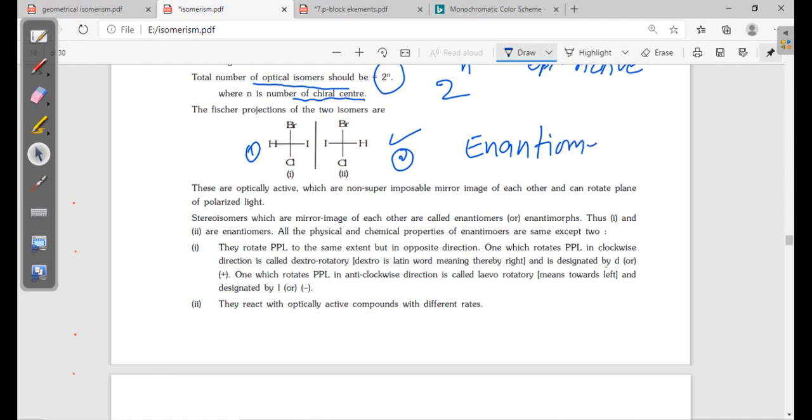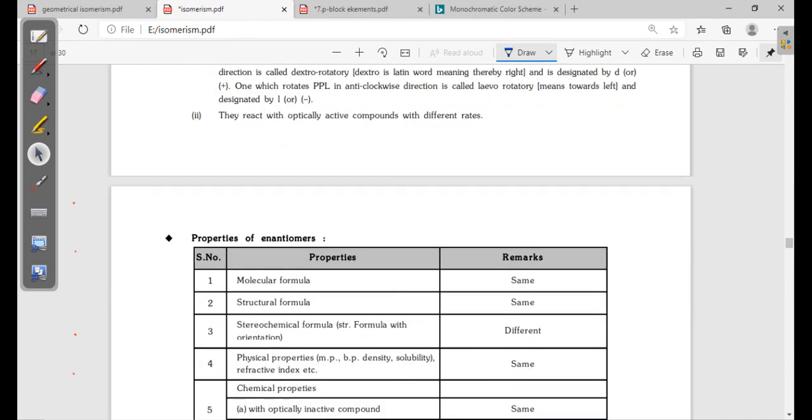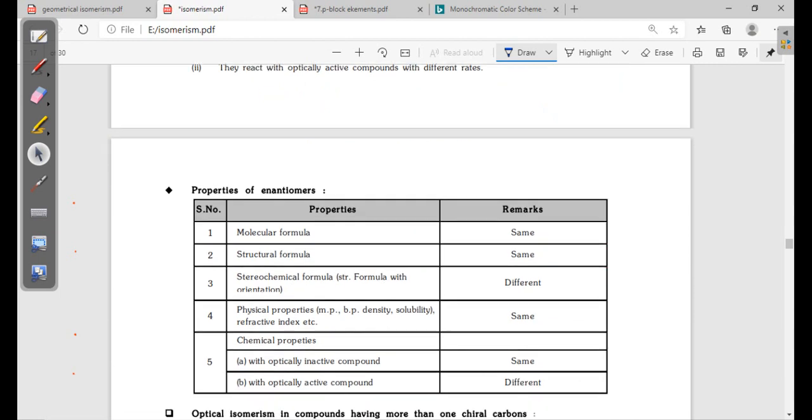Enantiomer means the mirror images which are not superimposable. Those are called enantiomers. If those enantiomers are present together, that mixture is called a racemic mixture. What is a racemic mixture?